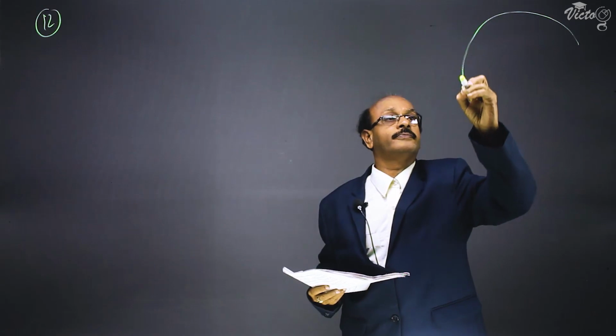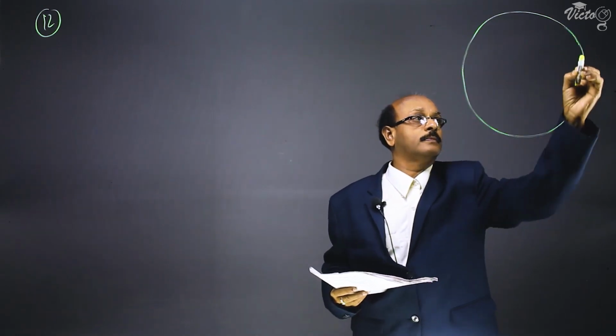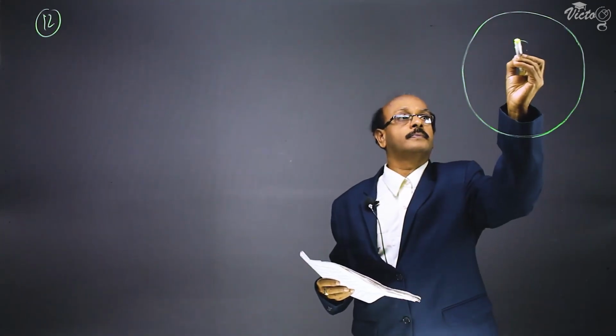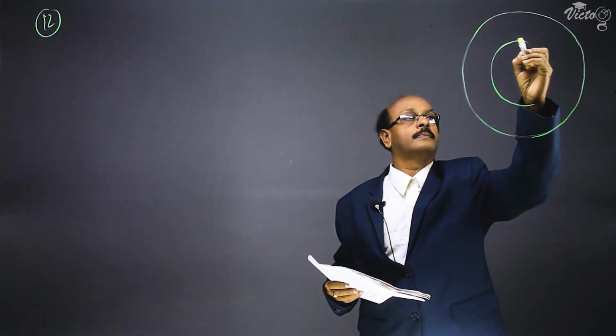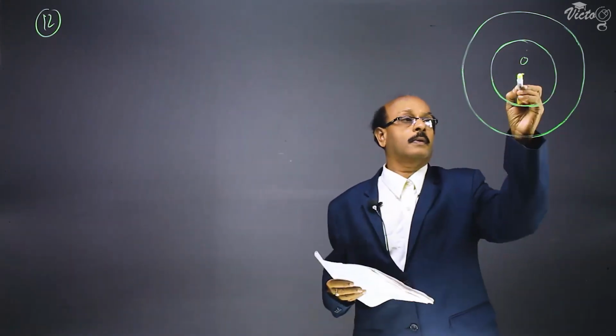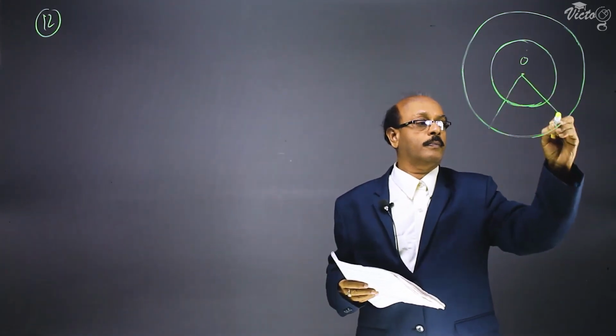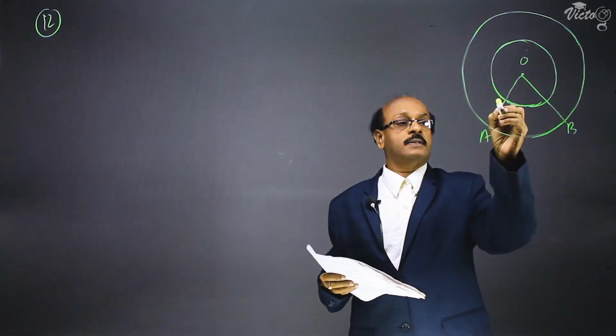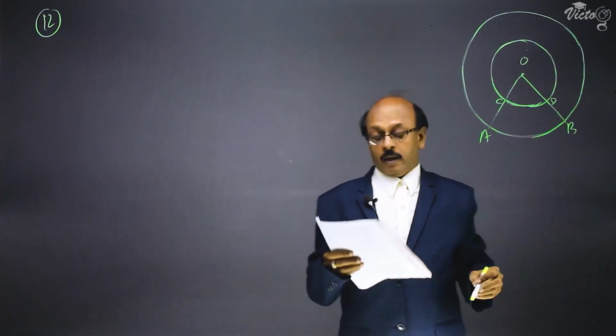The given figure is a circular ring with the center O, AOB, and here is C and D, and the shaded portion.